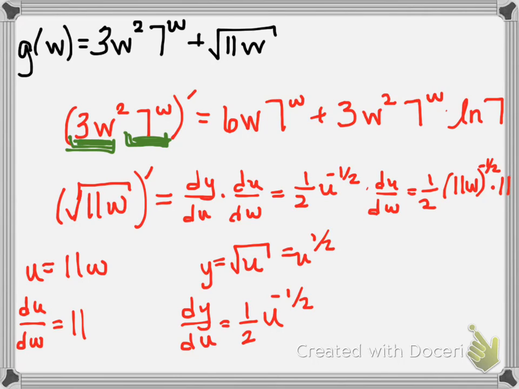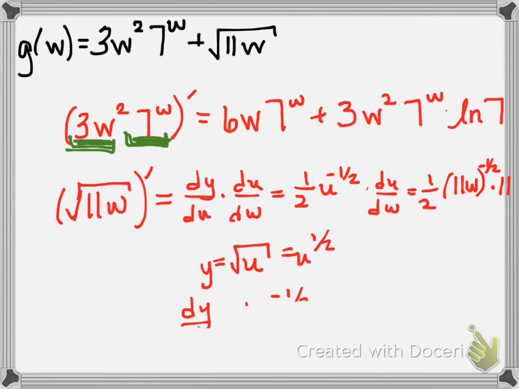Okay, so let's remember what we were doing here. We were taking the derivative of the square root of 11w because it was part of a bigger derivative. It was part of the derivative of g of w, which was a sum.